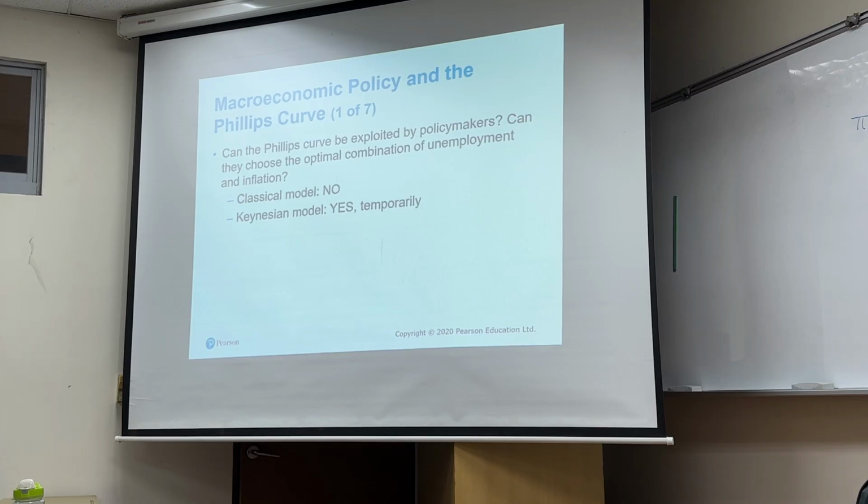Whatever policy there is, the market is going to react right away. But for the Keynesian model, what's the difference? The Keynesian model says the market is not perfect. So if the market is not perfect, then there's a way you can make the market work more efficiently. Because of that, you would have a chance to affect unemployment or inflation.